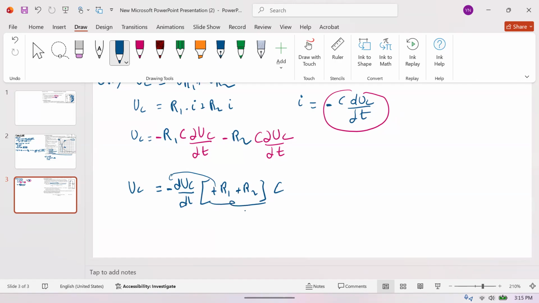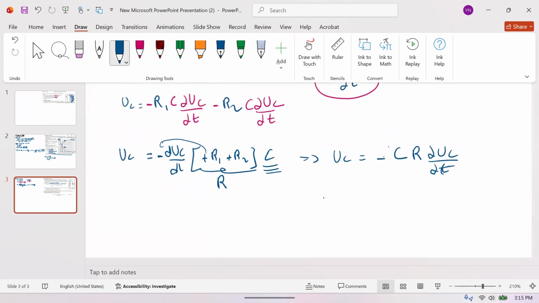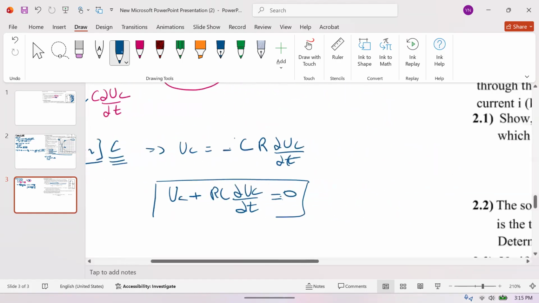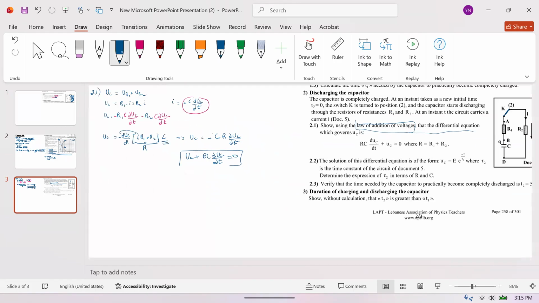And I can simply replace R1 and R2 by a capital R that relates both of them together since they are in series. So I will have UC equals minus RC dUc over dt, and I can take this factor to the other side. So it's UC plus RC dUc over dt equals 0. And this is my differential equation. And by the way, in the phase of discharge, it's always equal to 0, not equal to E like the phase of charge. Okay, we're done with that.